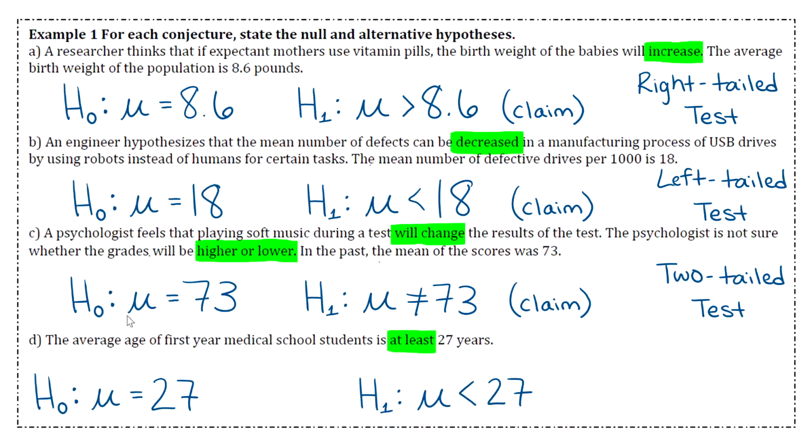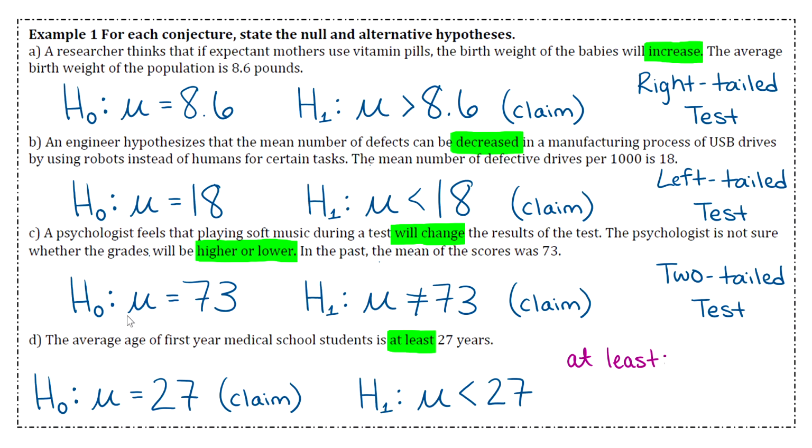And since now the null hypothesis has the equal to part, that's the one that's the claim. Since the equal to part is shared with the at least, that's the one you let be the claim, and then the alternative is pretty much the opposite of what you're trying to test.